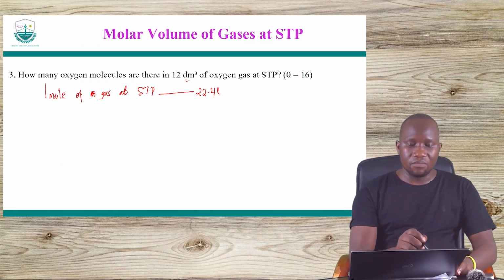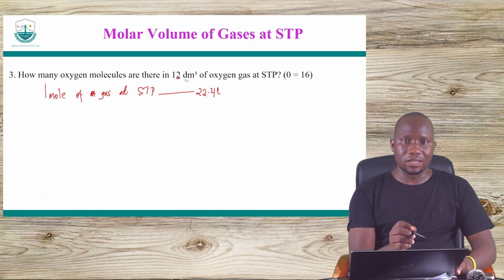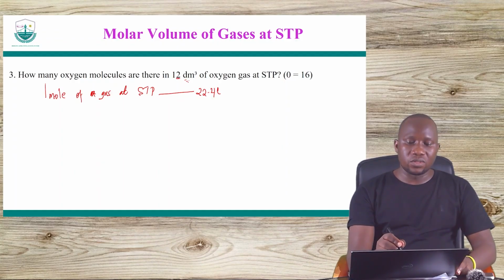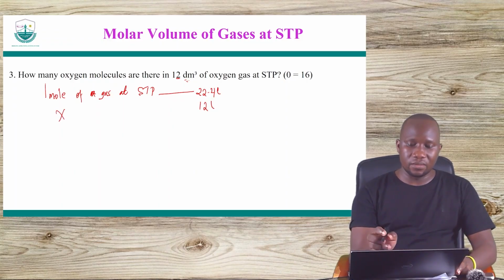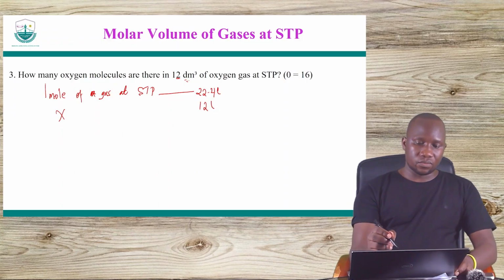So that means we need to find the moles that are in this. After finding the moles, then we can use Avogadro's number to come up with the number of molecules, right? So what moles are contained in these 12 liters? That's the question.